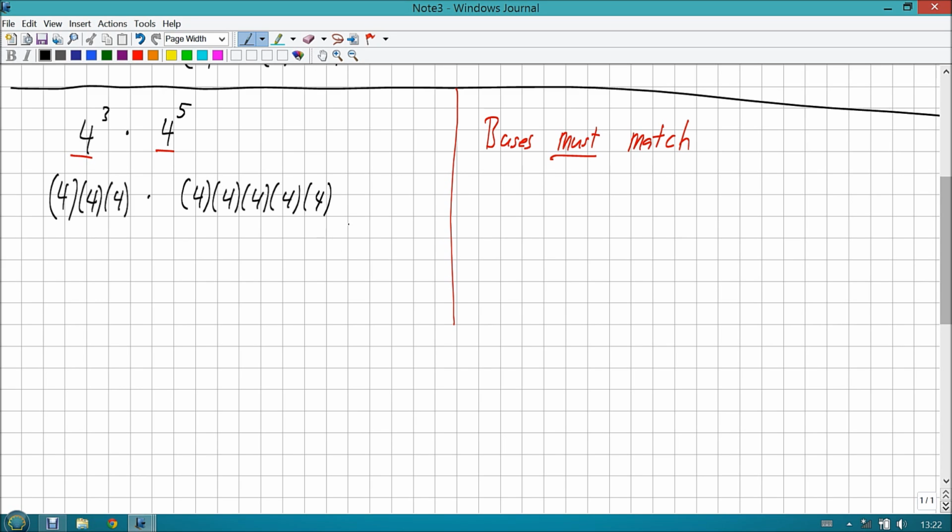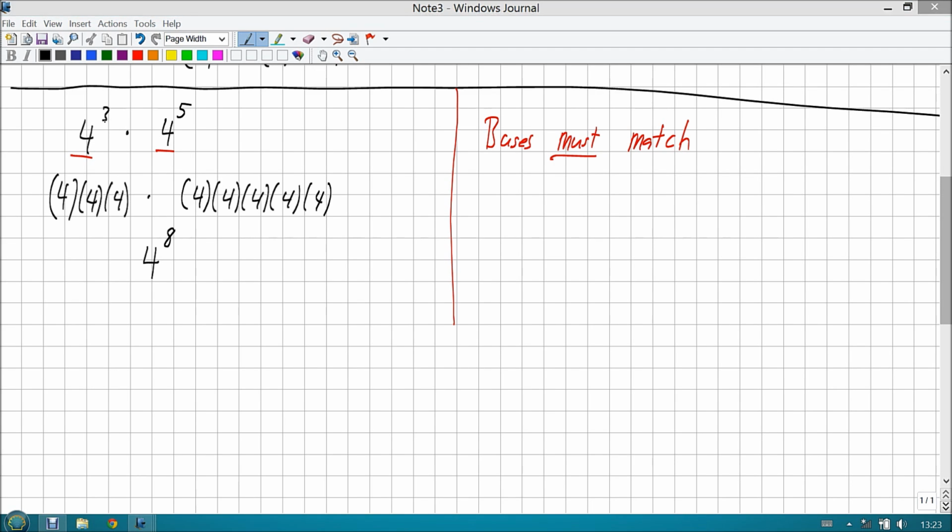So looking at this, if I was to remove this dot in the middle and then get these guys to come over and visit with their friends on the other side, how many 4s would I end up with? Well, that would be easy to count. 1, 2, 3, 4, 5, 6, 7, 8. We would end up with 8 4s. So this becomes 4 to the 8th power.